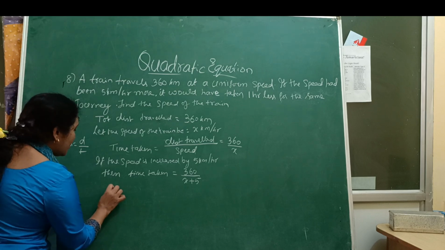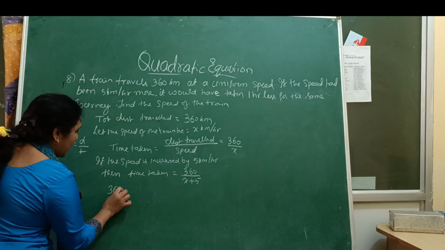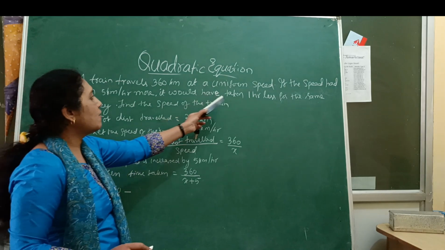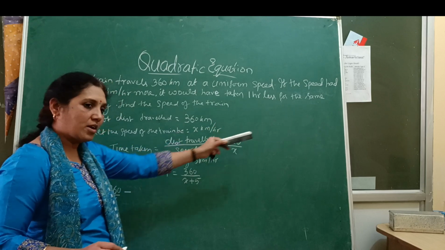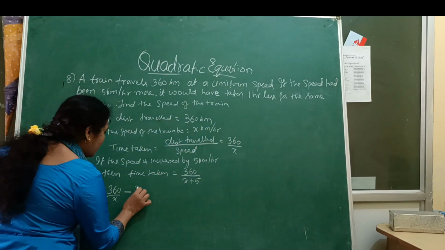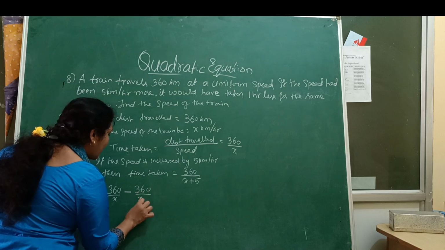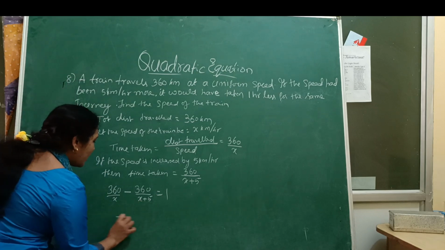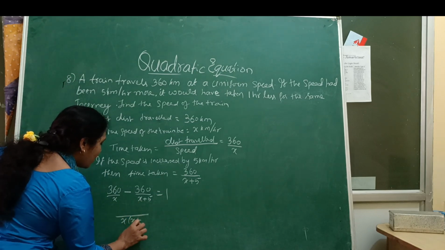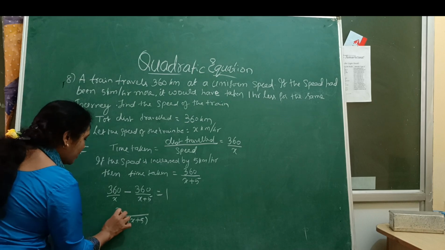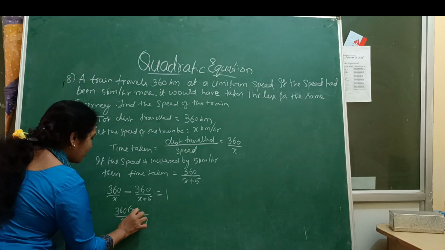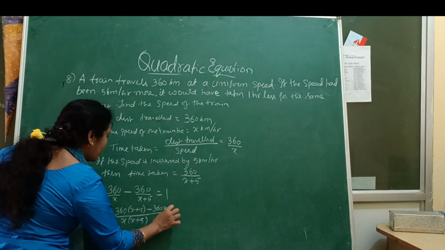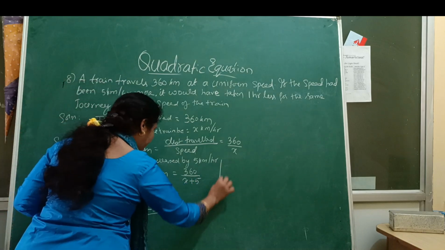And what we are going to write is 360 by x minus, why minus? Because here they have given it would have taken 1 hour less. So 360 by x minus 360 by x plus 5 is equal to 1. Let us arrive at the equation. LCM for these two is x into x plus 5. Here 360 into x plus 5 minus 360x is equal to 1.